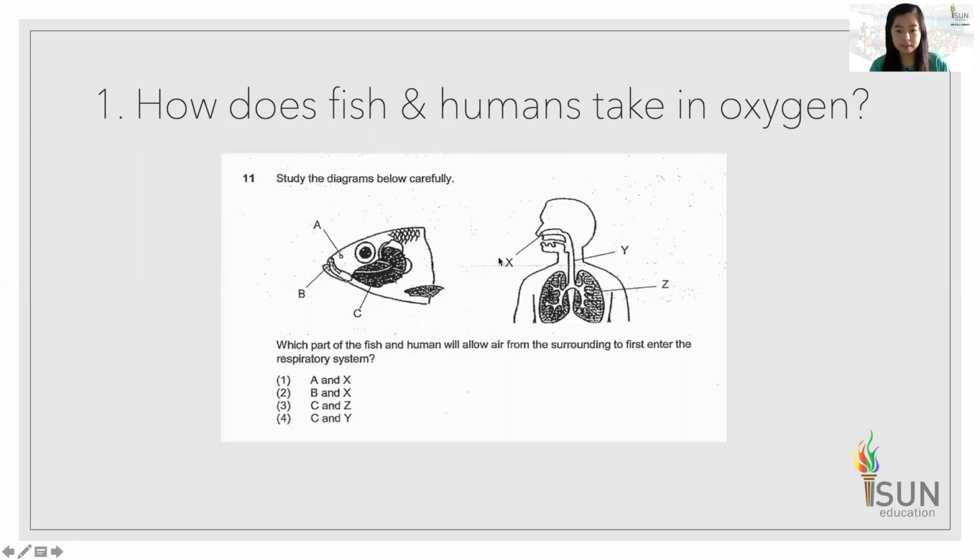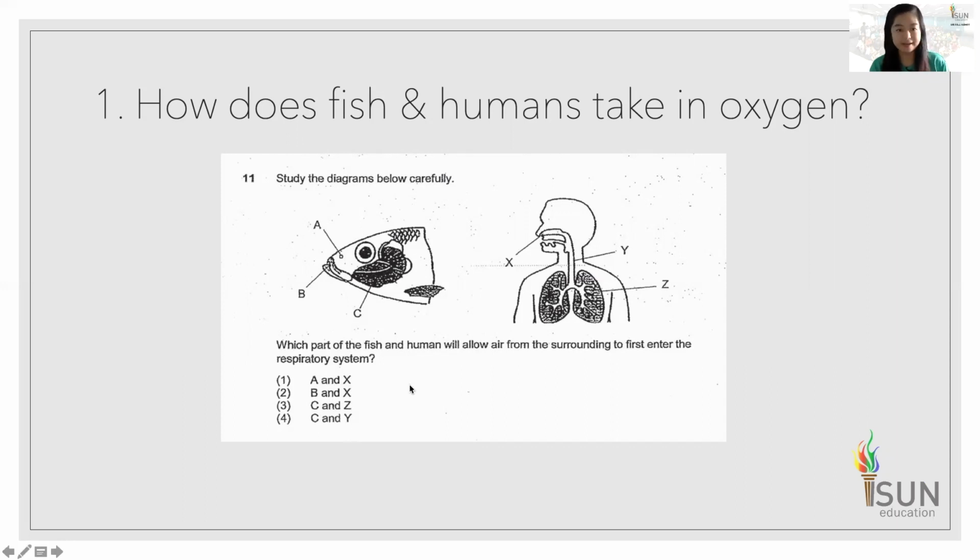While it's clear that we should choose option X for the human respiratory system, students are often confused on what to choose for the fish. Is it through these nostrils, the mouth, or through its gills? What is your answer?